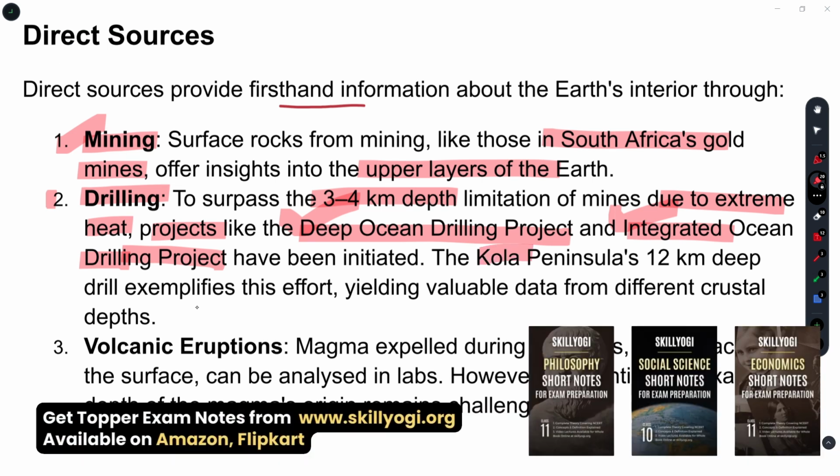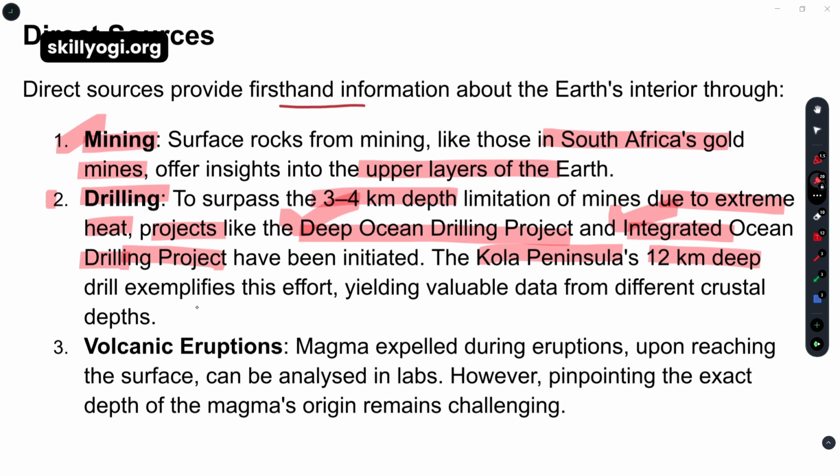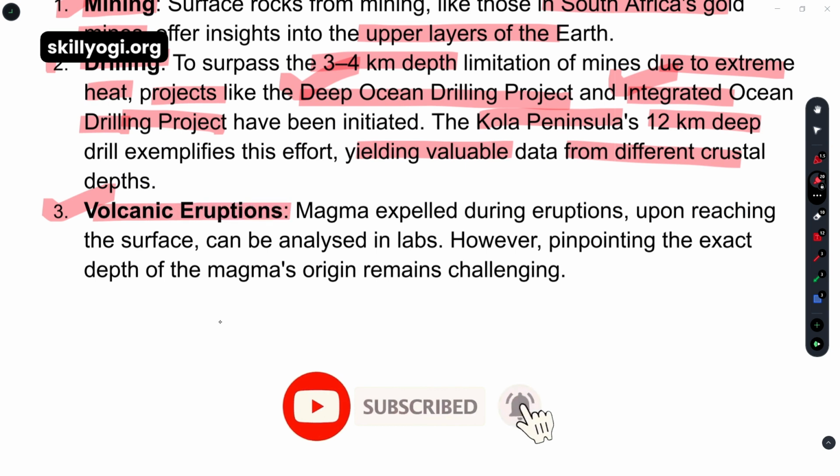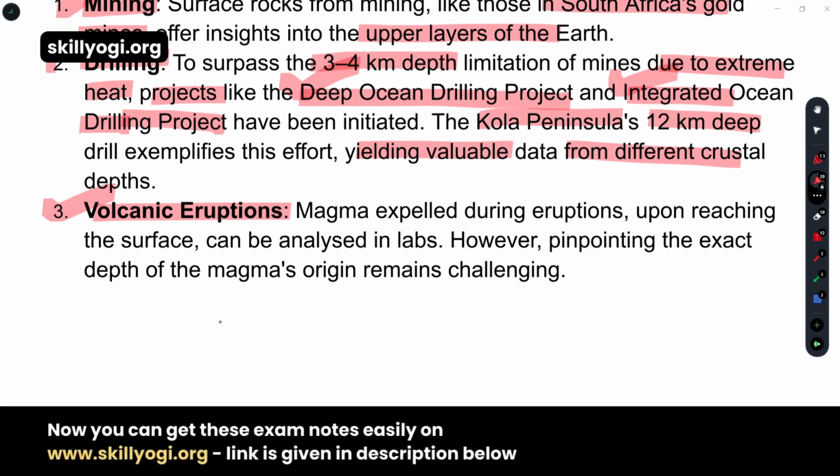The Kola Peninsula's 12-kilometer deep drill exemplifies this, yielding valuable data from different crustal depths. Come to the volcanic eruption. It's also a direct source because the magma is coming outside from the interior parts of our earth. So that is also a source of what is happening inside the earth.